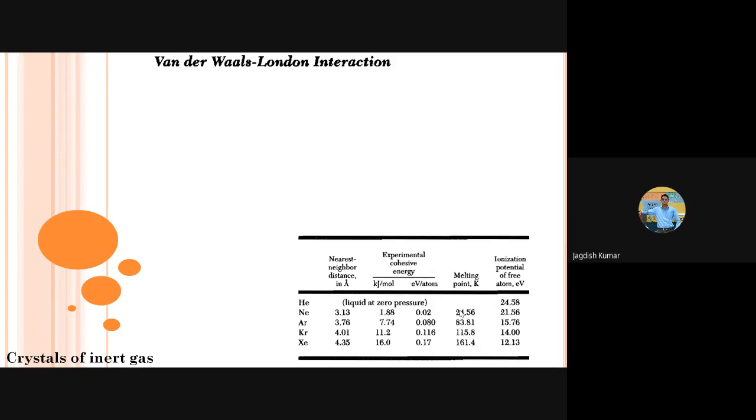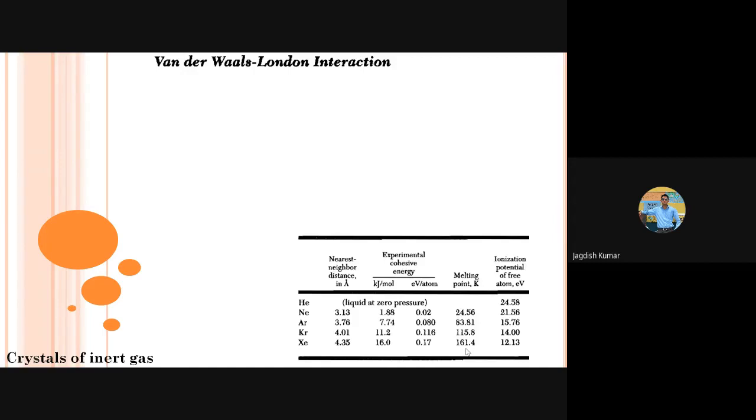With an increase in temperature, a situation will come when kinetic energy is very dominant in comparison to the potential energy, and that is the situation when we can expect the substance to melt, right? So a lower melting point means lower potential or interaction energy. Now we can see that down the group, the interaction energy is increasing, meaning bond strength is increasing, because this is reflected in the cohesive energy data as well as in the melting point data.